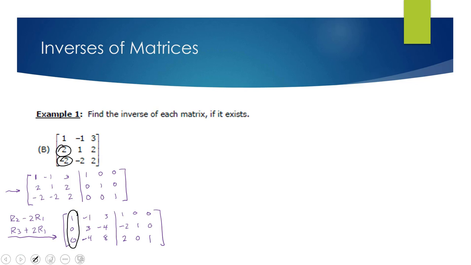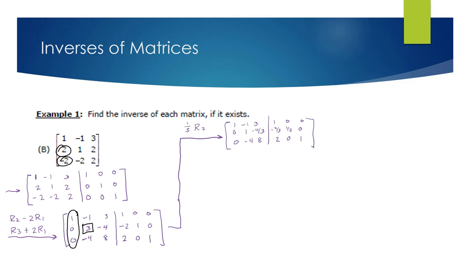The next thing that has to change is I want this to become a 1. So I'm going to take row 2 and multiply it by a third, or divide by 3, whichever way you want to put it. If I take the entire row and divide it by 3, that's what I get, with row 1 and row 3 unaffected. Now that I have the 1 right here, this and this need to become zeros.